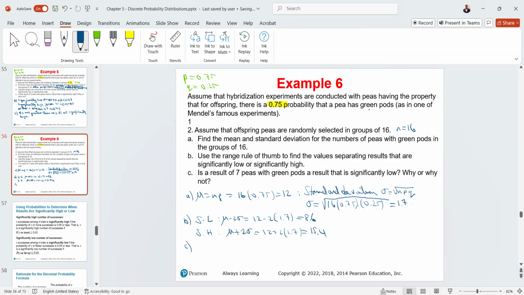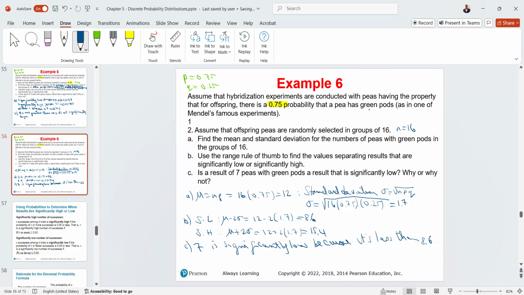Now, what's happened with 7? 7 is significantly low because it's less than 8.6, right?